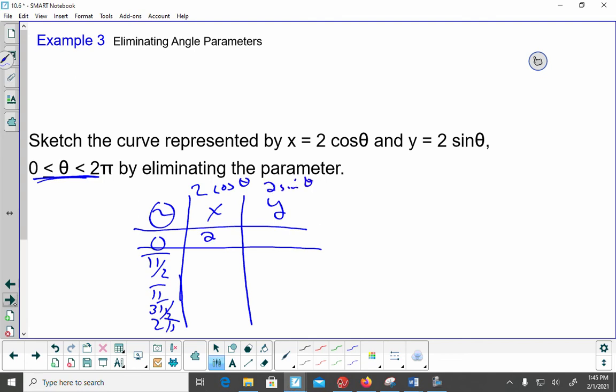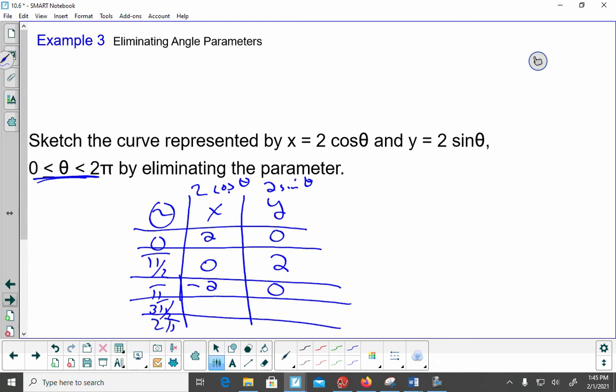The sine of 0 is 0, so 2 times 0 would be 0. When you go to pi over 2, the cosine of pi over 2 is 0, so this whole thing is 0. The sine of pi over 2 is 1, so this would be 2. That's pi. This would be negative 1, so this will be negative 2. This will be 0. 3 pi over 2, this is really messy, and I'm really sorry, will be 0. And then sine of 3 pi over 2 is negative 1, so this is negative 2. And then 2 pi and 0 are the same points, so that's going to be back to 2, 0.